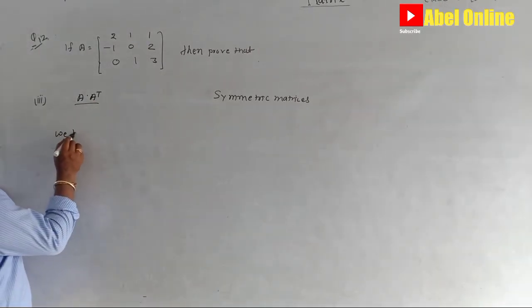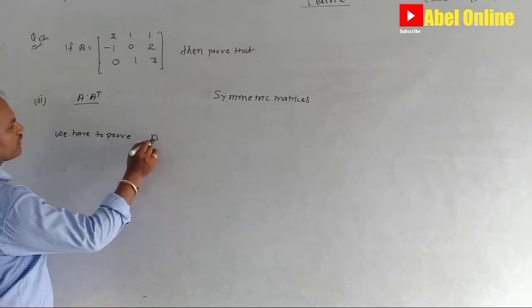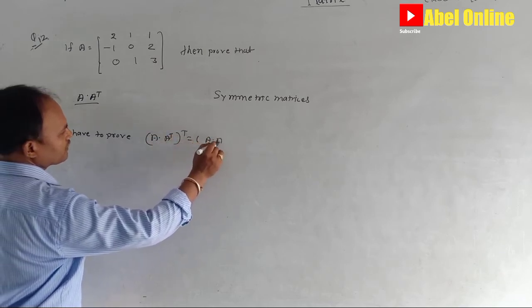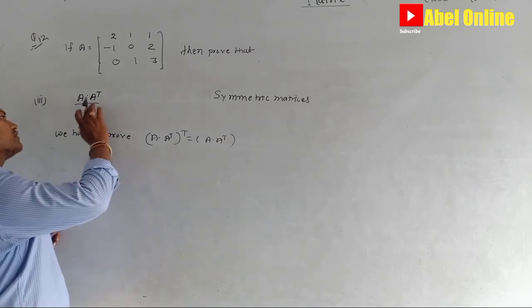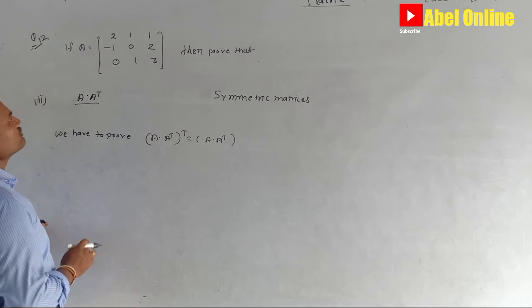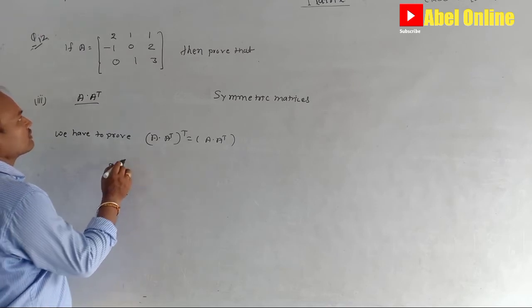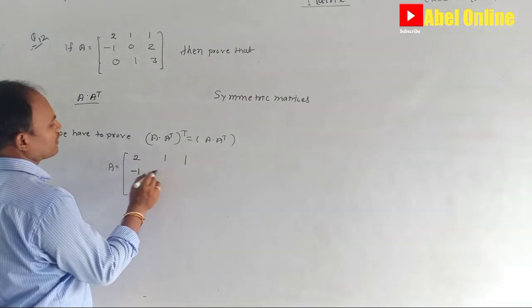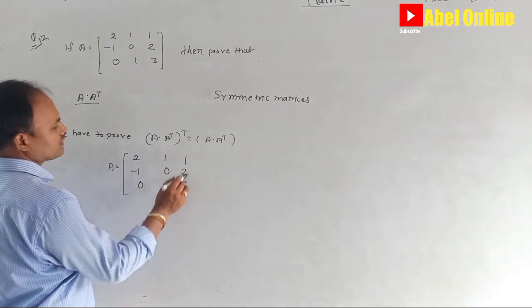What do we have to prove? (A into A transpose) to the transpose equals A into A transpose. Because we are saying that it is a symmetric matrix, its transpose should be equal to this. Now, A is 2 1 1, minus 1 0 2, 0 1 3.